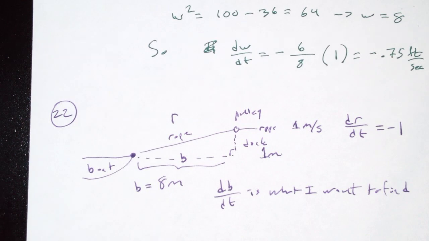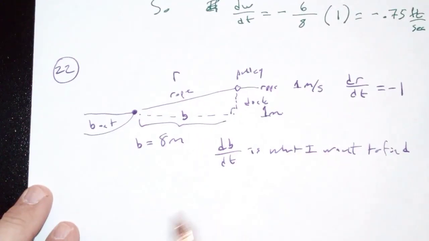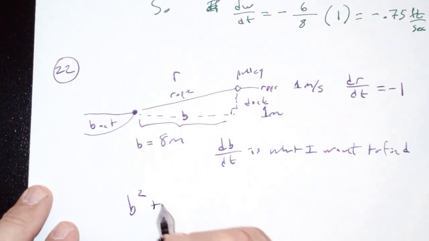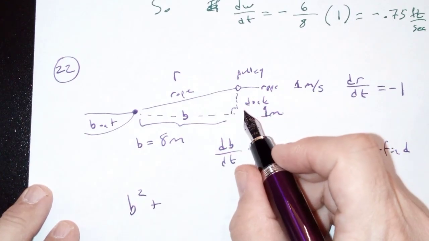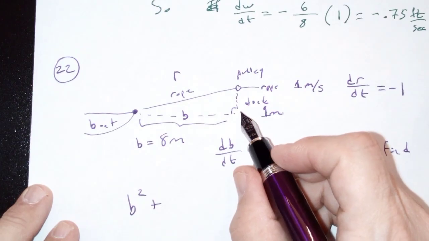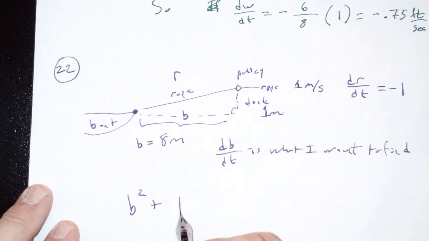Make sense? In our case, because this is a right triangle, b squared plus, oh, we didn't give a variable to this, did we? Because the dock isn't moving. It doesn't need a variable. It's always 1 meter up.